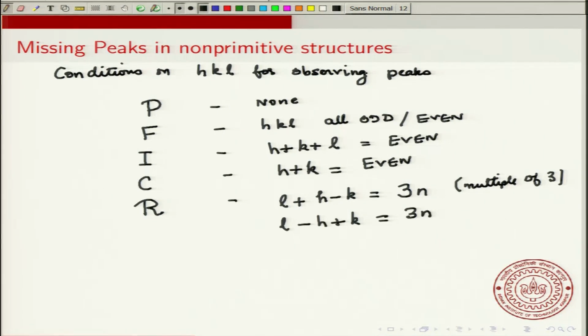So, only peaks that are observed are those where l plus h minus k equals 3n or l minus h plus k equals 3n.